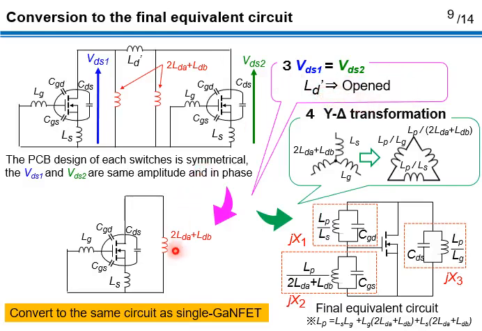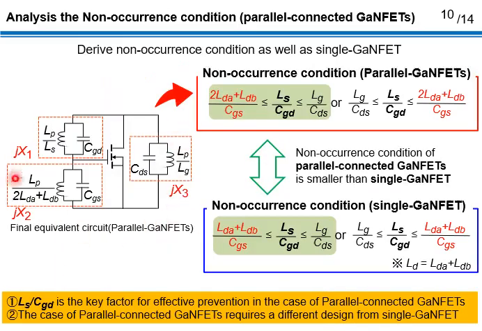As a result, we can convert it into a parasitic oscillation circuit similar to single GaN-FET. From this circuit, we derive a non-occurrence condition of oscillatory false triggering with parallel connected GaN-FET. Also in this case, the ratio of LS and CGD is a key factor for effective prevention.